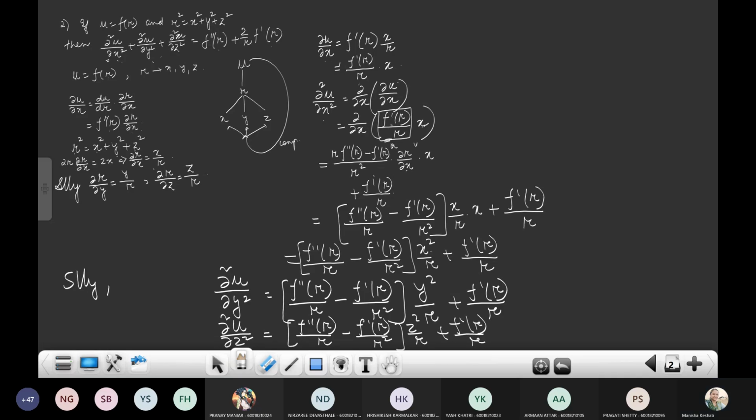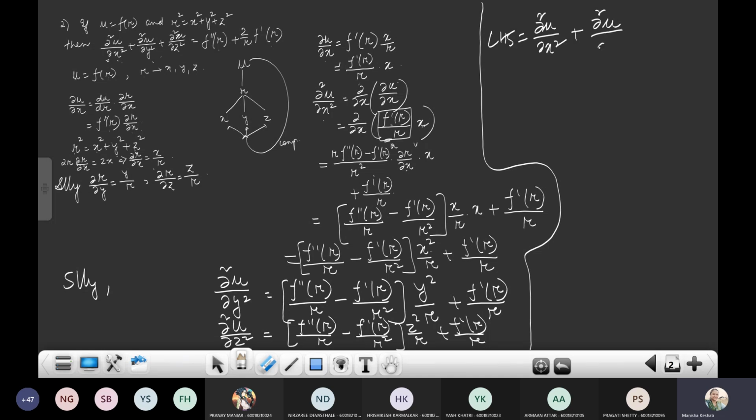Now, coming to the left hand side. The left hand side means del square u del x square plus del square u del y square plus del square u del z square. Now if you see, the only difference is in the first term. If you consider each one, this term is the same, and the one divided by r is also the same.